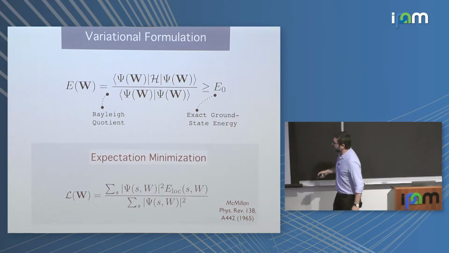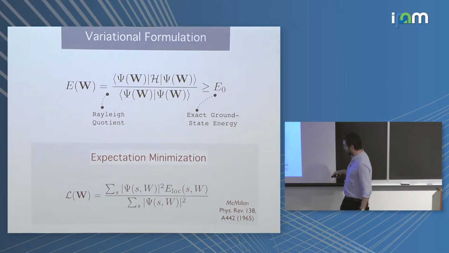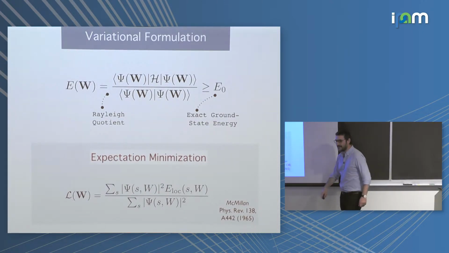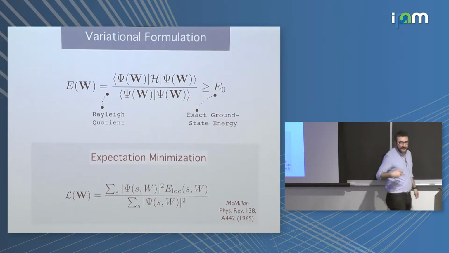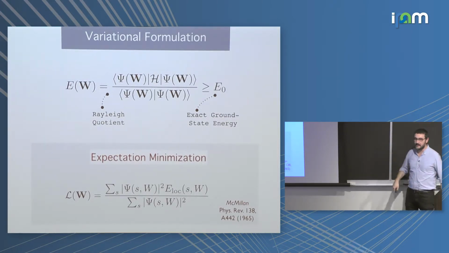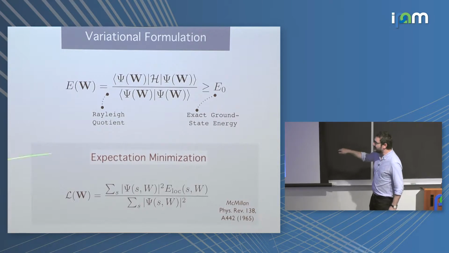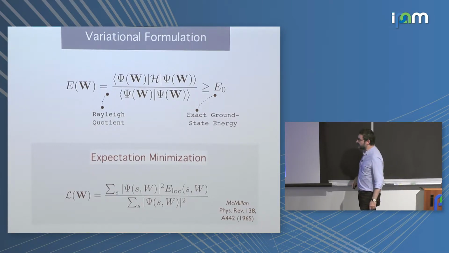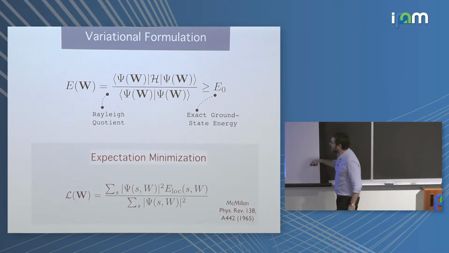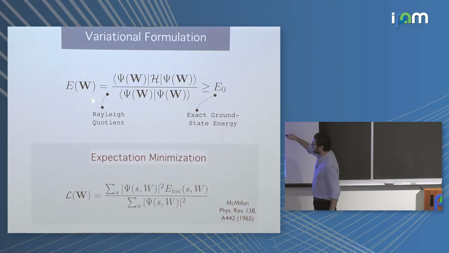Now, the interesting part, already noticed by McMillan in the 60s, is that you can rephrase this quantum optimization problem as a statistical expectation minimization problem, where you write this loss function, so this E and L are now the same thing.